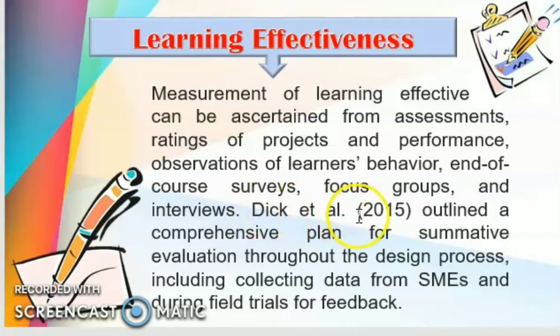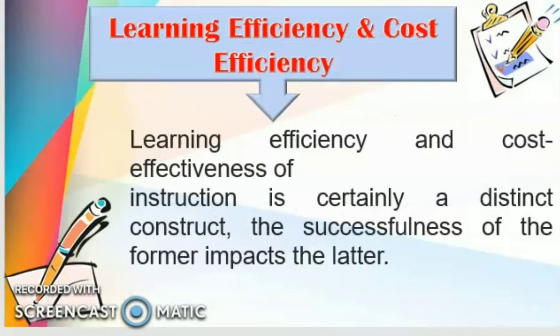According to Dick et al. 2015, it outlined a comprehensive plan for summative evaluation throughout the design process, including collecting data during field trials and feedback. Next, learning efficiency and cost effectiveness.